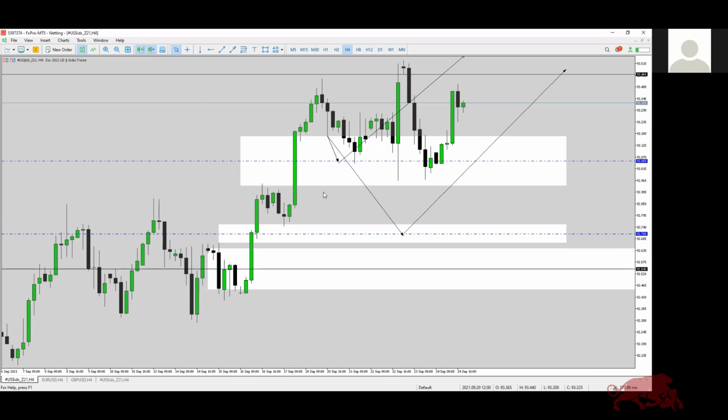From the weekly forecast video, we highlighted 93.050 as our first major support level on dollar index. That was our first fair value in this move to the upside.